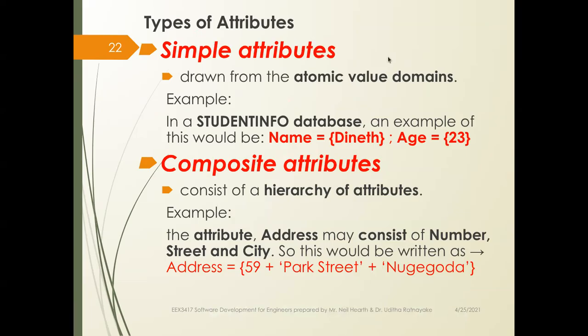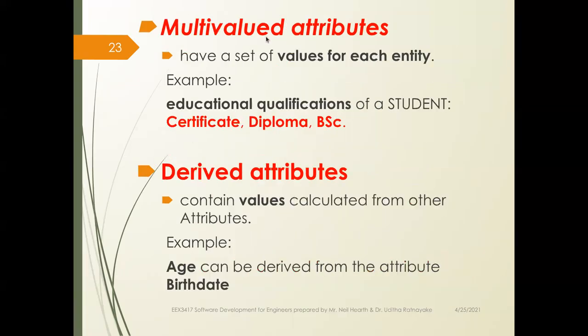Types of attributes. Simple attributes have an atomic value domain, like name, age. Composite attributes, like address. Address has sublines, like 59 Park Street, Nugegoda, and some other lines also. That is called a composite attribute. Multi-valued attributes: a set of educational qualifications.